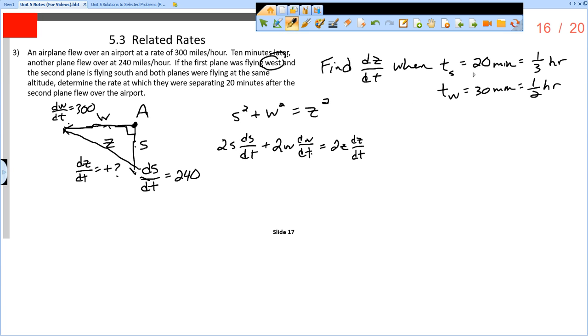Well, think about this. If the southbound plane was flying for 20 minutes, or a third of an hour, at 240 miles per hour, then the south distance is the rate, 240 miles per hour.